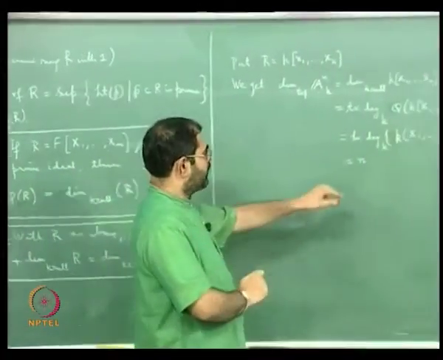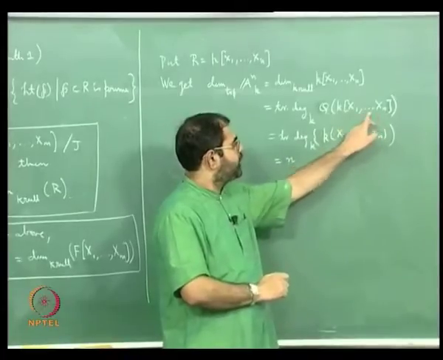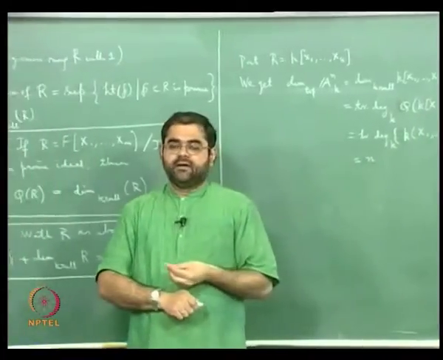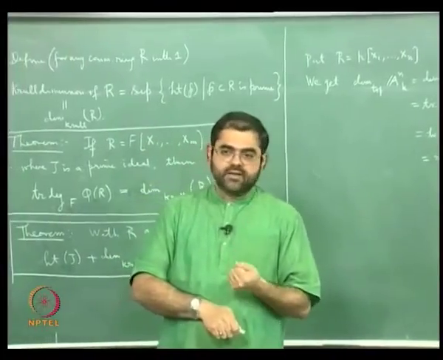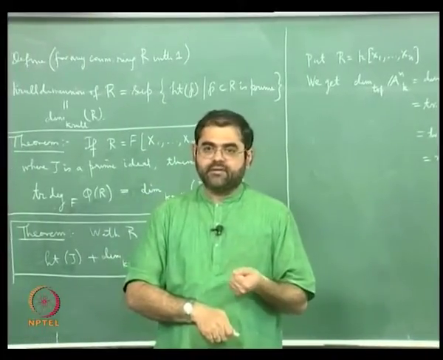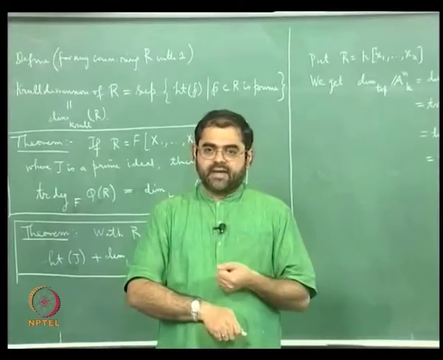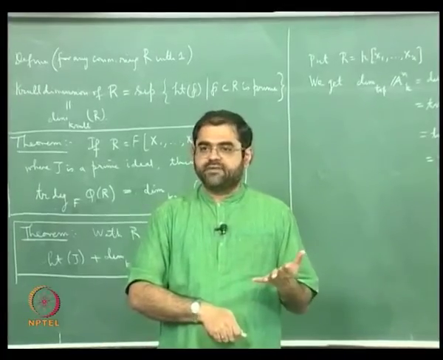What you have done in constructing this polynomial ring is that you started with the field k and you have added n indeterminates, and these n elements are algebraically independent by definition.